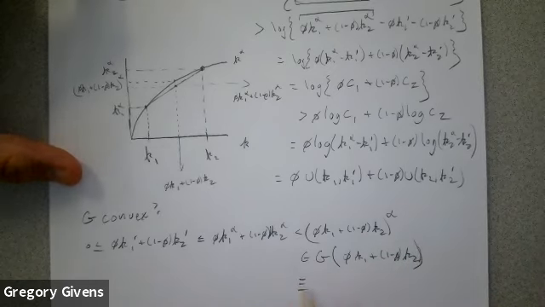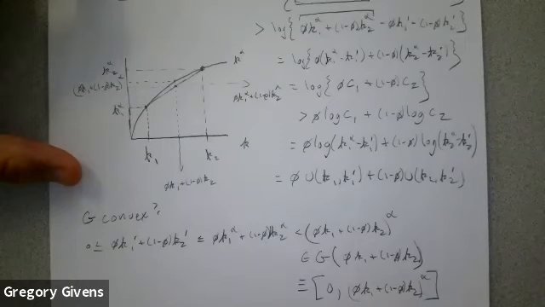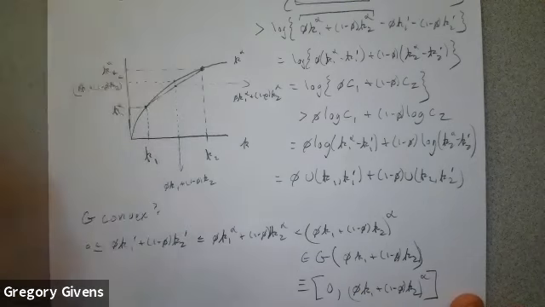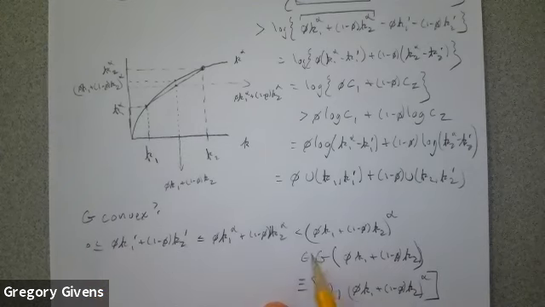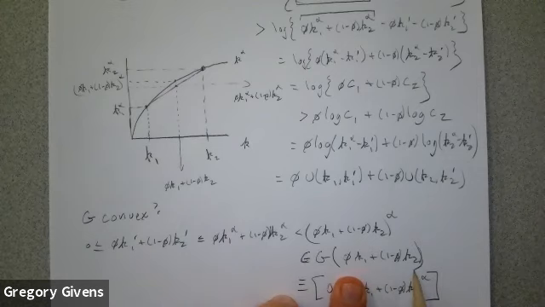That constraint set is just 0 to phi K1 plus 1 minus phi K2 raised to the alpha. So this linear combination of points is going to lie inside of the constraint set defined by the same linear combination of K's.